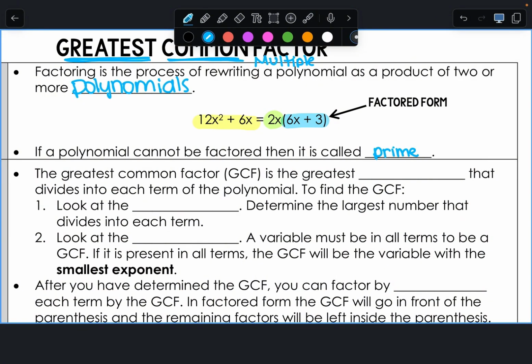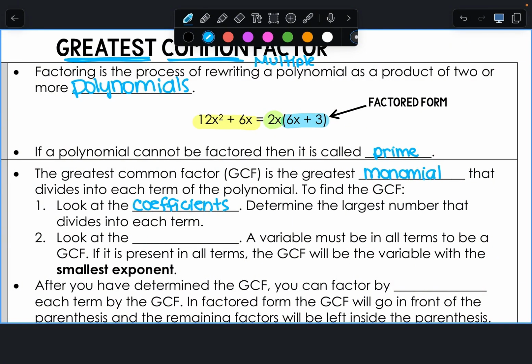The greatest common factor, GCF, is the greatest monomial that divides into each term of the polynomial. To find the greatest common factor, you're going to look at the coefficients. You've heard of the word coefficients.